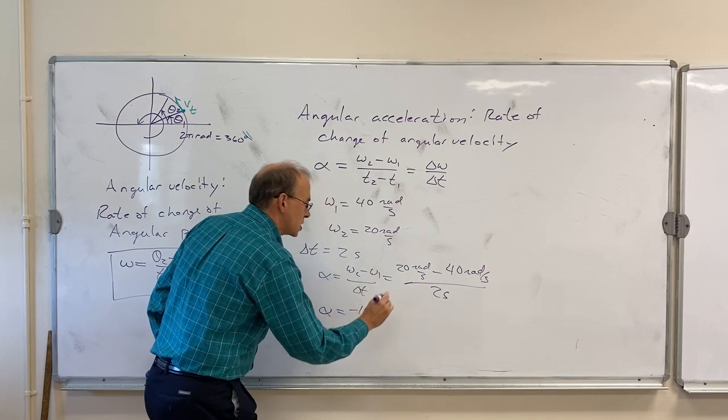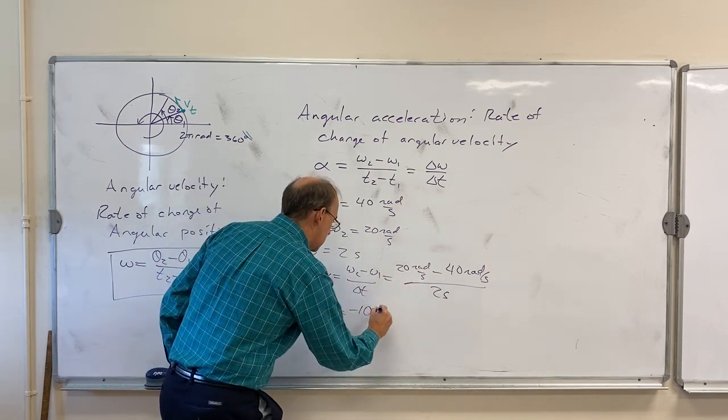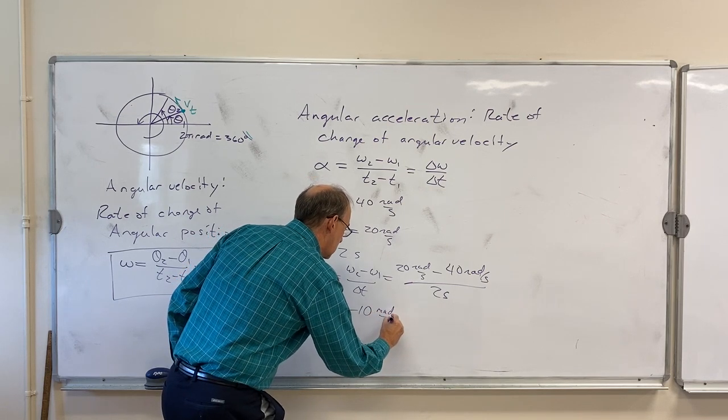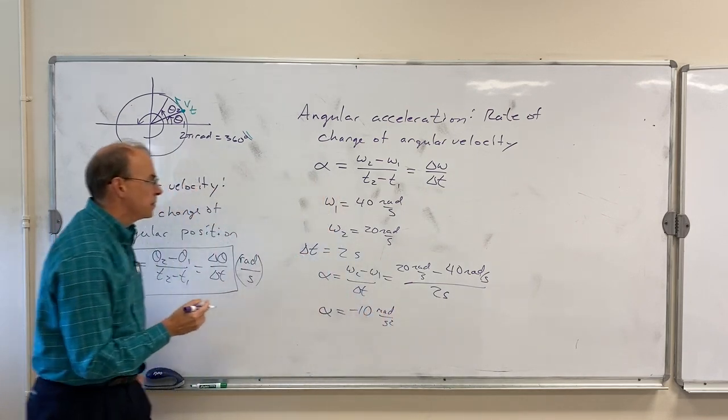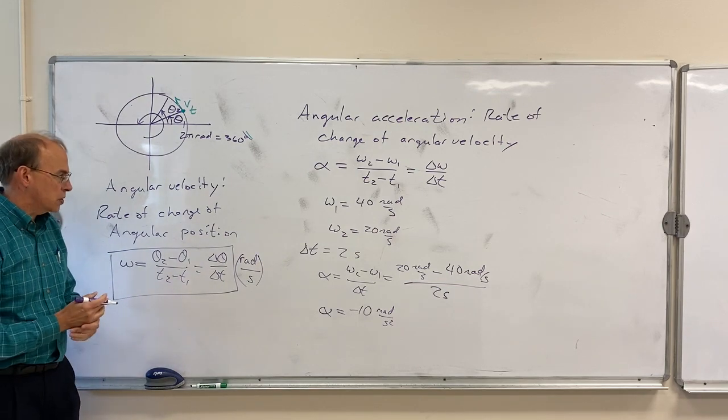So this is minus 10 radians per second every second, or minus 10 radians per second squared. So that would be our angular acceleration.